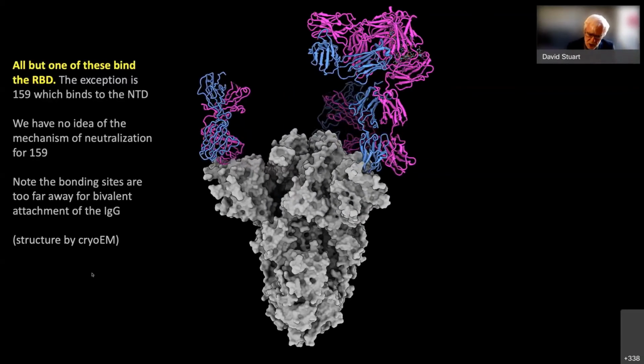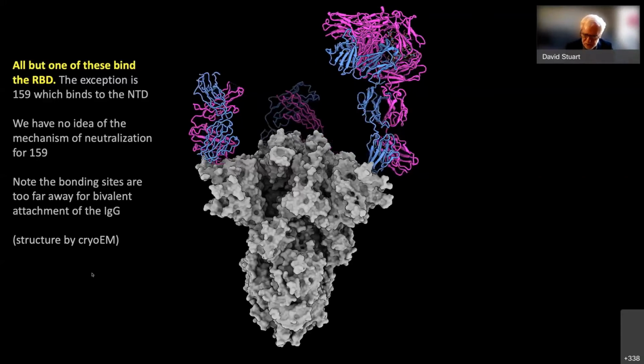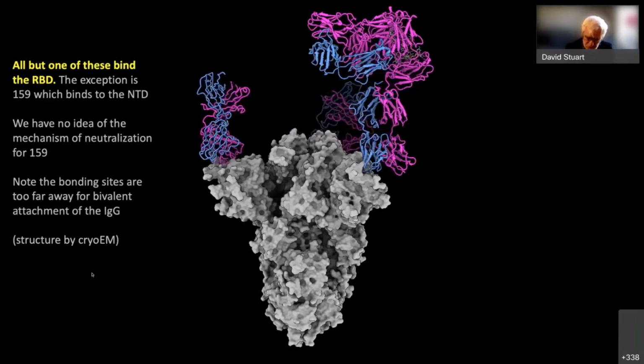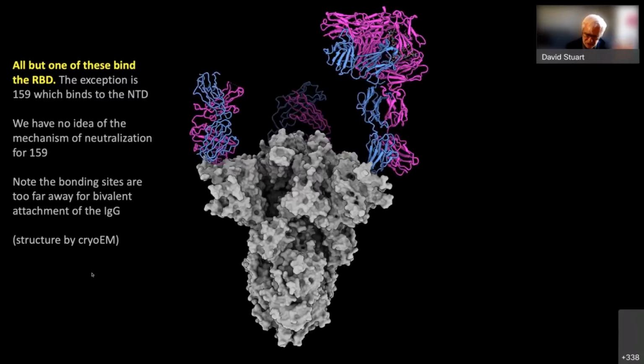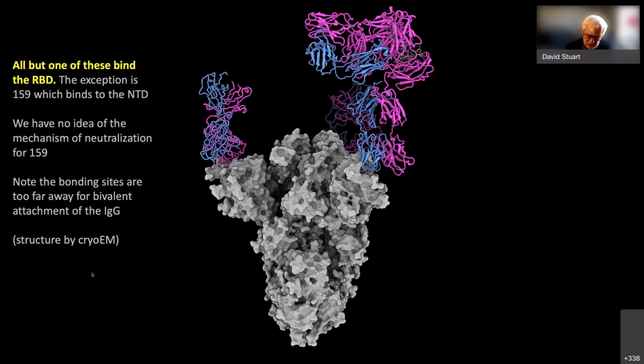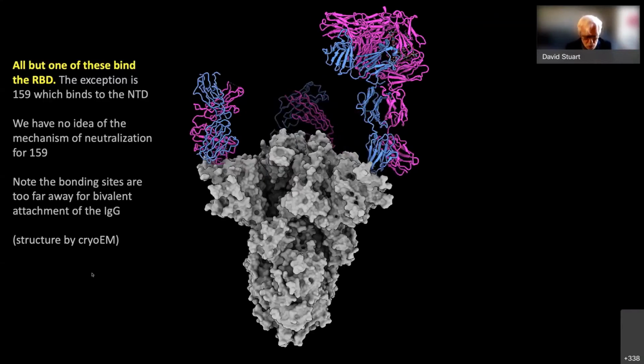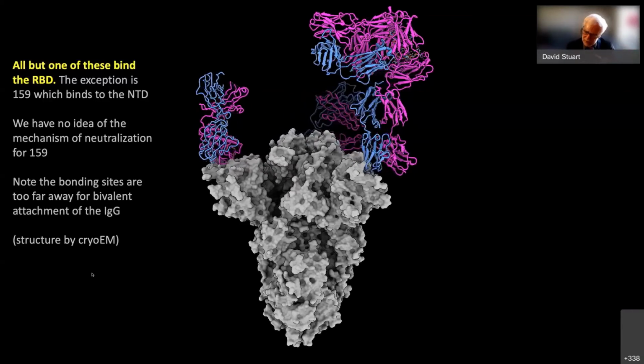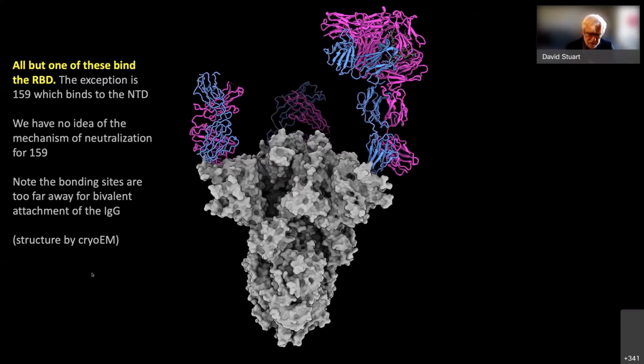We've got no idea of what the mechanism of neutralization of this is. It really remains a mystery. The binding sites are too far away for any direct steric effect. They're too far away for bivalent attachment. We just don't know. I'll come back a little bit to this, but to be honest, the N-terminal binders are still a mystery.